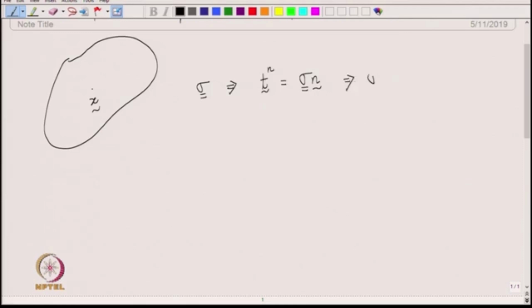So, this means sigma n n, if I write, which is T n dotted with n, it is simply sigma n dot with n, right. So, that is the normal component of traction on any plane, and I have to maximize this or minimize this.